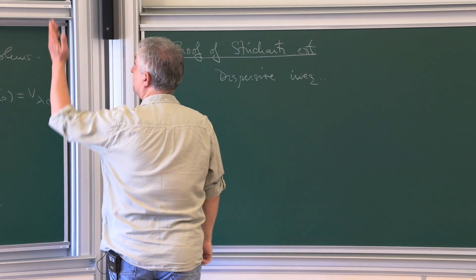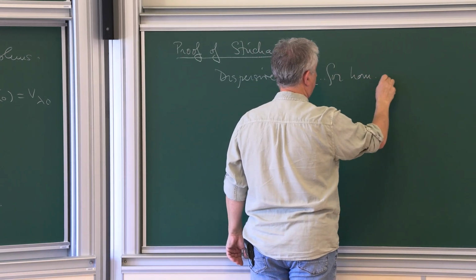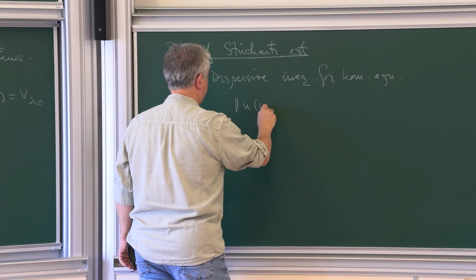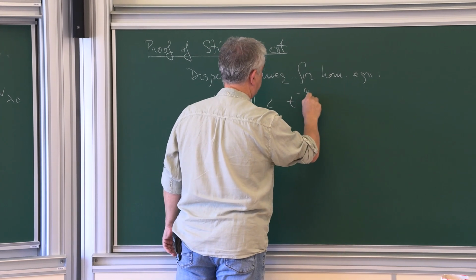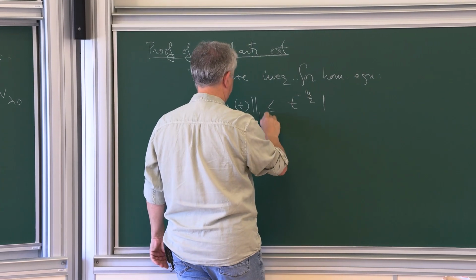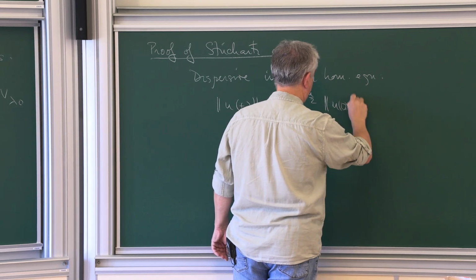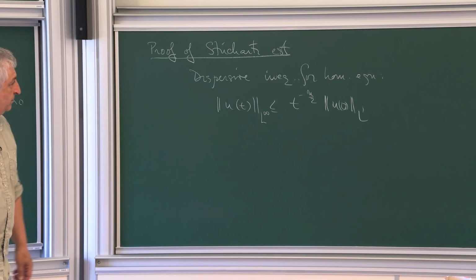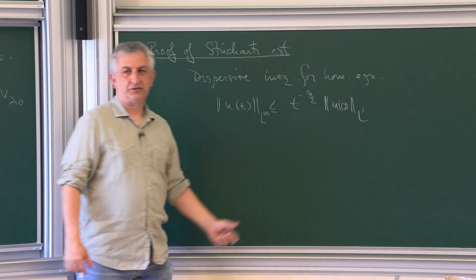Which is that if you take the homogeneous equation, you can estimate the solution at time t, in L infinity norm, by t to the power minus n over 2 times the norm of the initial data in L1. Right? So you start with localized data, then the solution will decay at this prescribed rate.